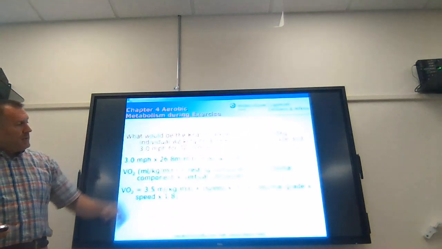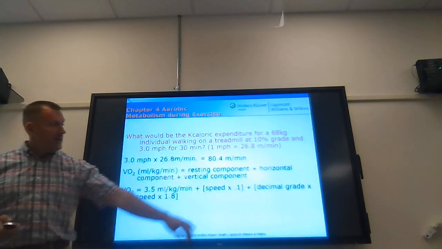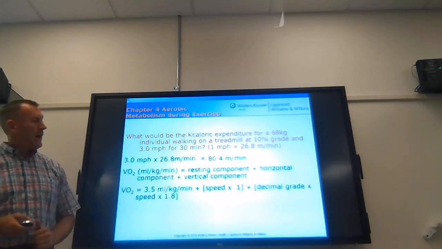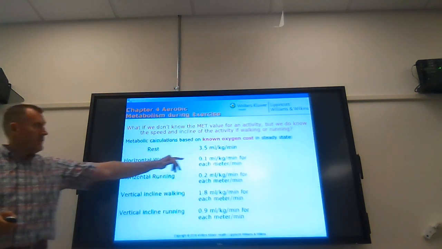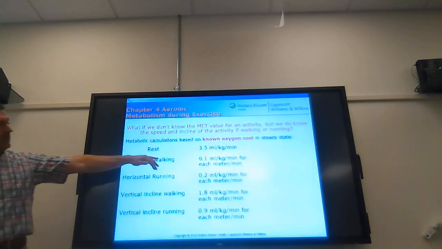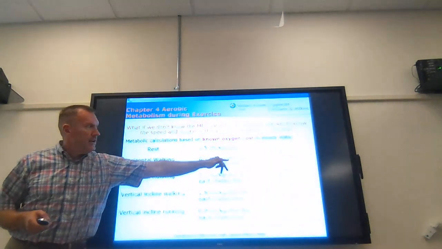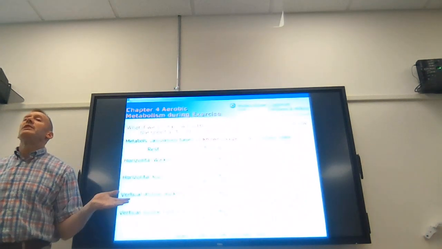So 3.5 milliliters per kilogram per minute. Okay, so speed times 0.1. Where did the 0.1 come from? Let's back up. Right here. Horizontal walking, 0.1 milliliters per kilogram per minute for each meter per minute. So do we know our meters per minute?